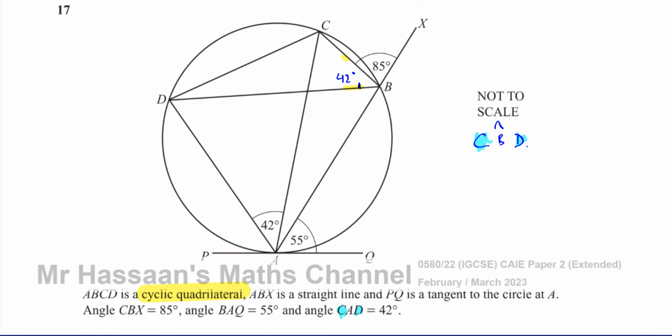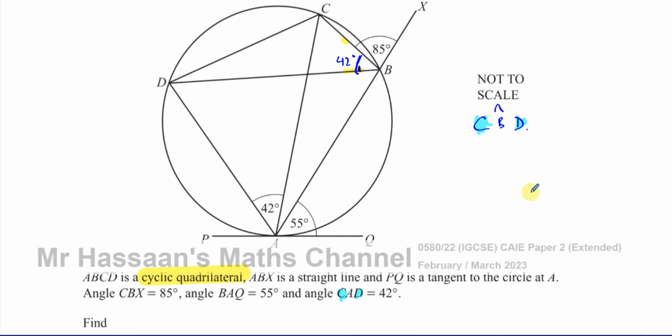So we know now that this angle is 42 degrees. That's what we just found. Now, CBD is this angle over here. The angle we're looking for now is angle ACB, which is the angle over here. So we have to try and find this angle. With this topic, there are normally lots of different ways of finding angles.